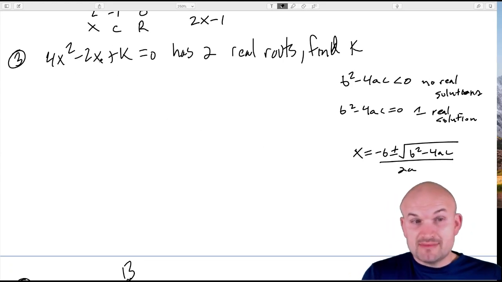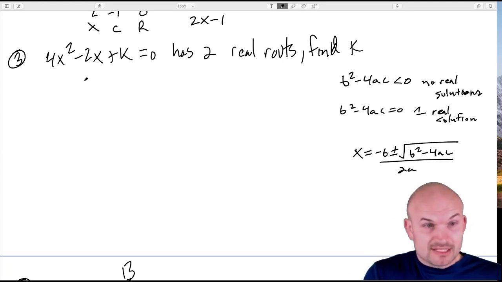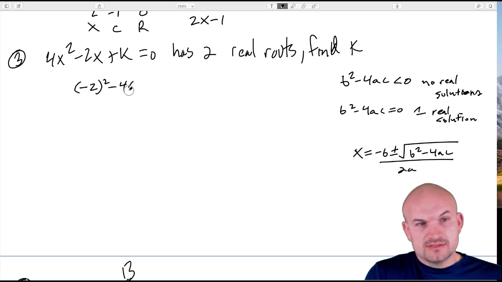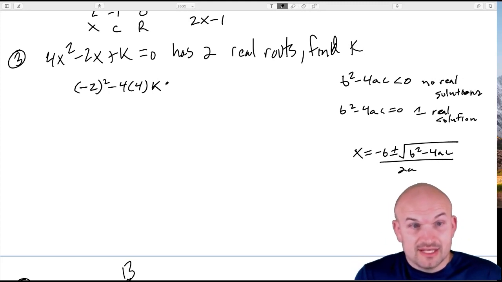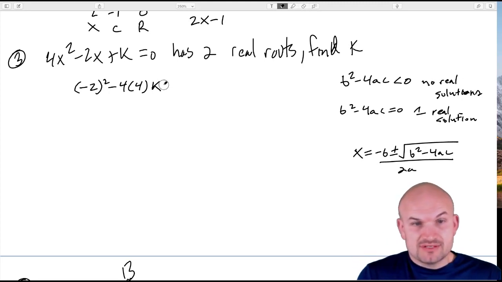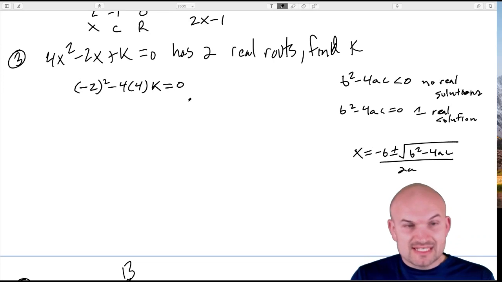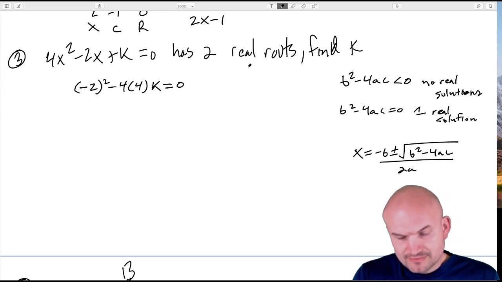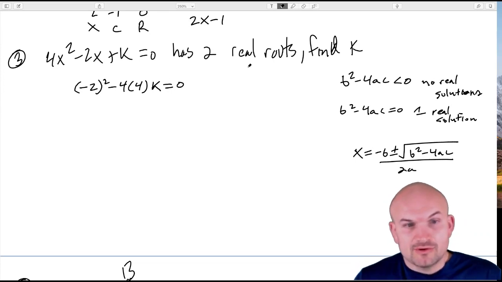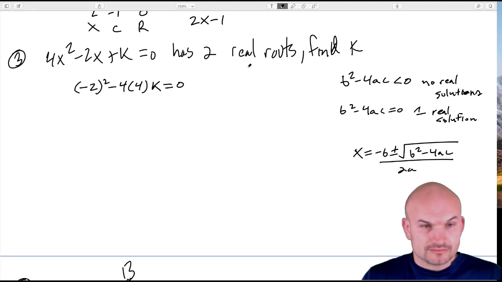So what I'm going to do is take the discriminant of this equation. So I'm going to have negative 2 squared minus 4 times k. And basically I want to see what this equals. So let's just set it equal to 0 to see what my discriminant is going to equal.